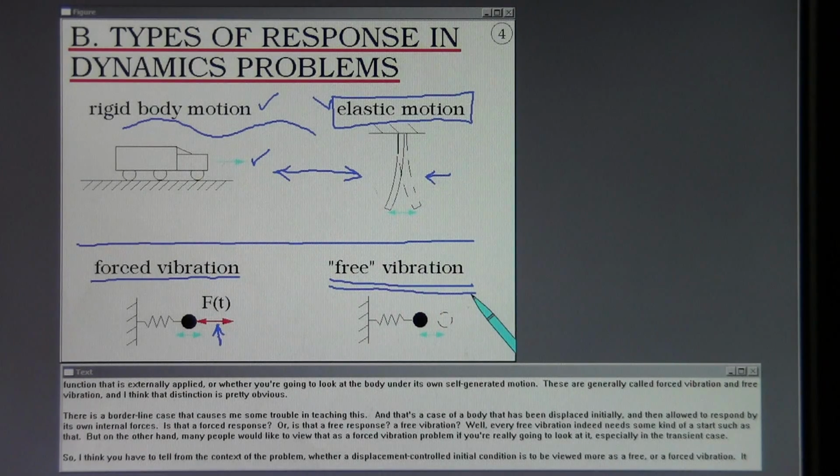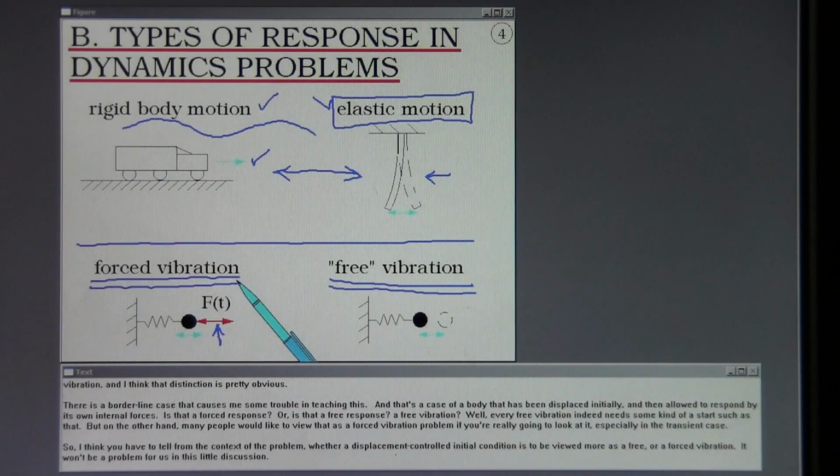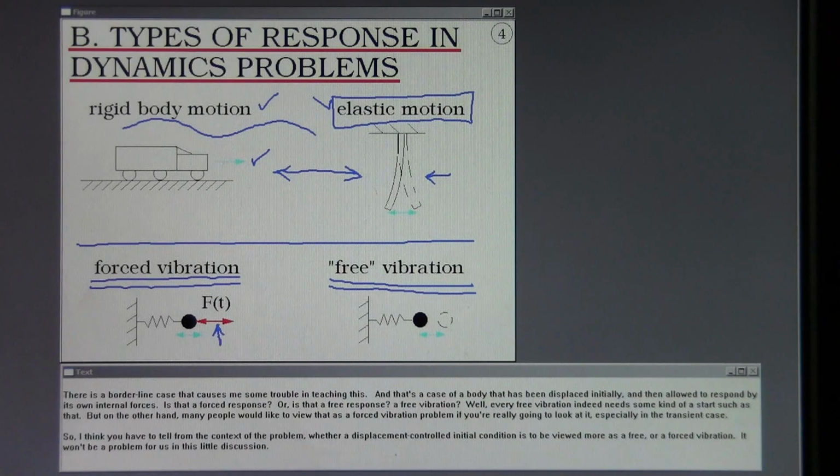But on the other hand, many people would like to view that as a forced vibration problem, especially in the transient case. So I think you have to tell from the context of the problem whether a displacement-controlled initial condition is to be viewed more as a free or a forced vibration. It won't be a problem for us in this little discussion.